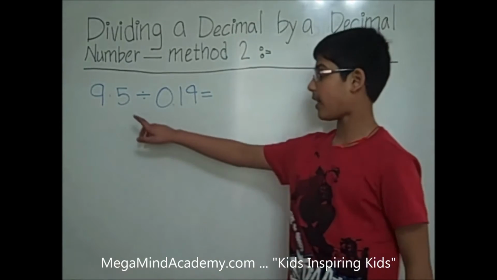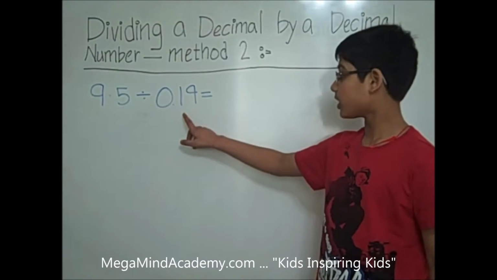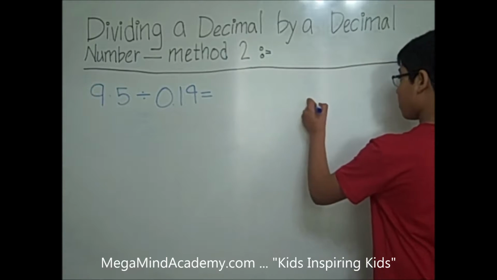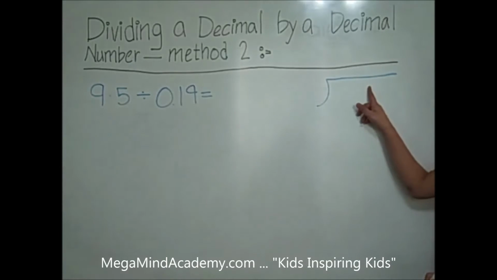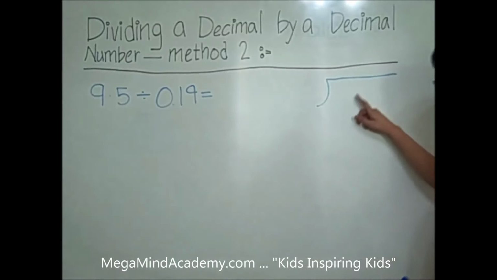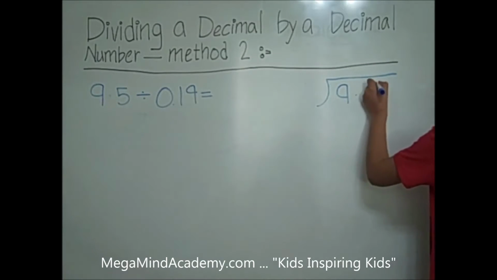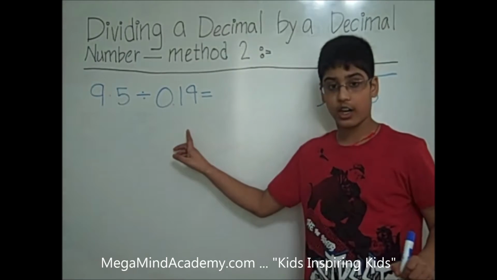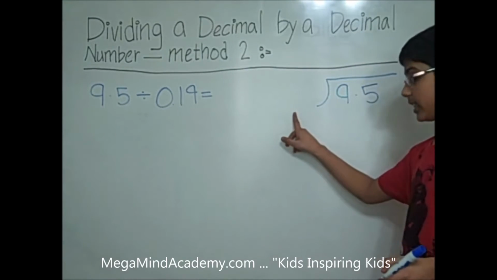Now, 9.5 is the dividend and 0.19 is the divisor. Now, let's draw this out. This is our division sign. Now we put the dividend, 9.5, inside the division sign. And then we put the divisor, 0.19, outside the division sign.